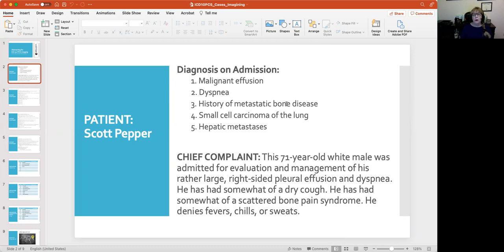He has had somewhat of a dry cough. He has had somewhat of a scattered bone pain syndrome. He denies fevers, chills, or sweats. Okay? You got the handle on why he's here. And obviously he's an inpatient. He was admitted. He's an inpatient.